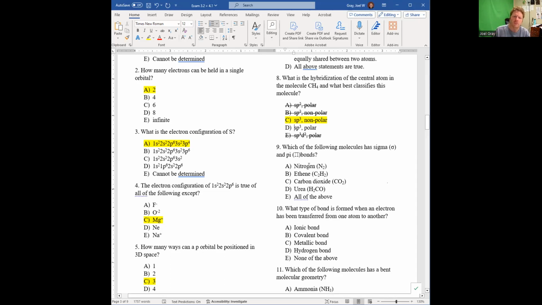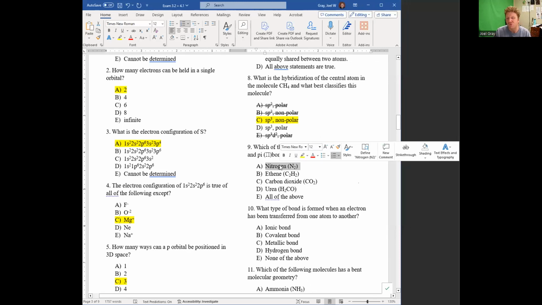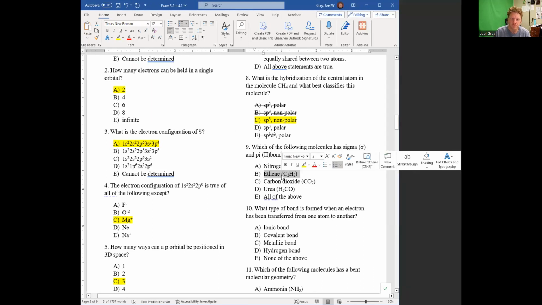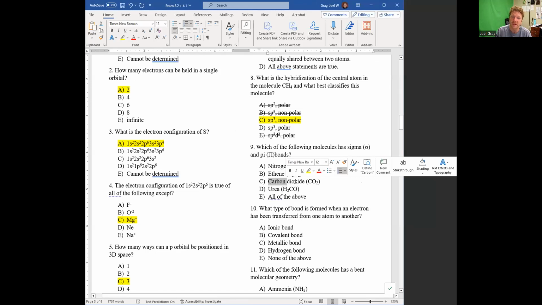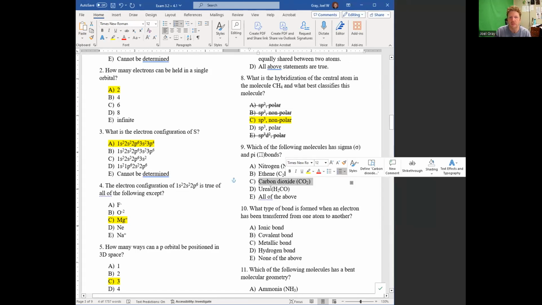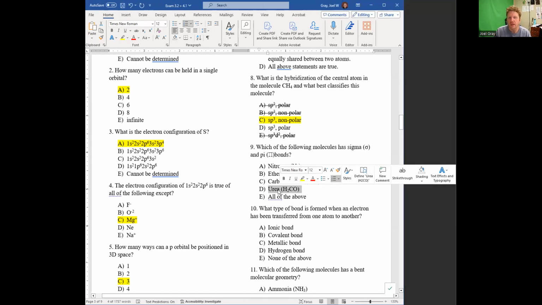But let's look at our answer options here. N2. If you draw that, you'll learn that N2 has a triple bond between the 2 nitrogens. Ethene. If you draw that, you'll find out that there's a double bond between the 2 carbon atoms. Carbon dioxide has 2 double bonds, and urea, H2CO, is going to have a double bond between the carbon and the oxygen.